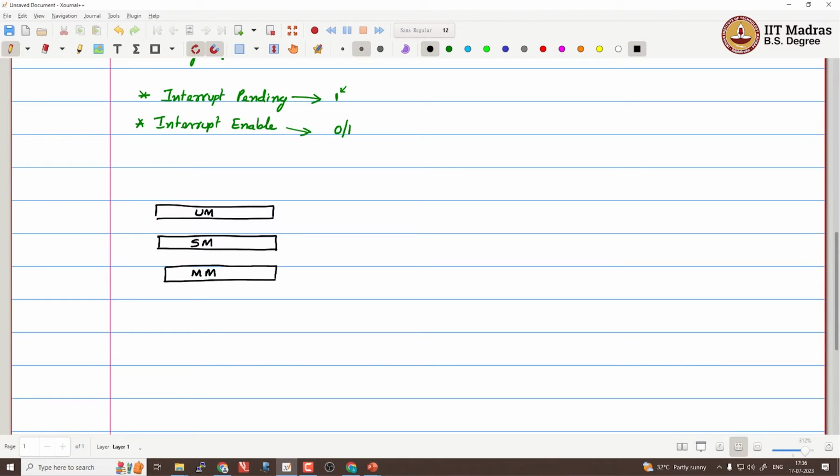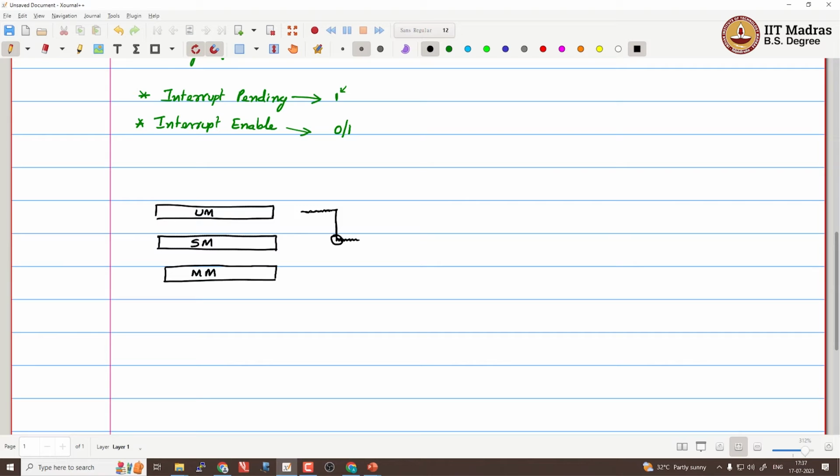Now, when an interrupt occurs in RISC-V, it can be configured to be a supervisor mode interrupt or a machine mode interrupt. Depending on what interrupt occurred, the CPU core could switch to the supervisor mode or the machine mode. In this case, from user mode, it switches to the supervisor mode.